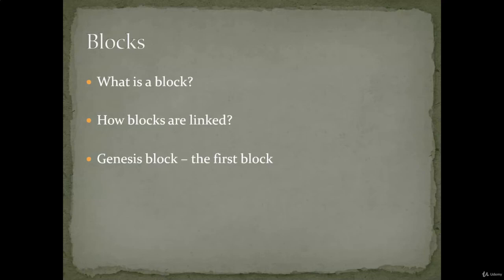And the Genesis block. What is a Genesis block? A Genesis block is the first block that is ever created on the blockchain. So let's take an example of Bitcoin's blockchain. If we talk about Bitcoin, the Genesis block, the first block, was built in the year 2009.